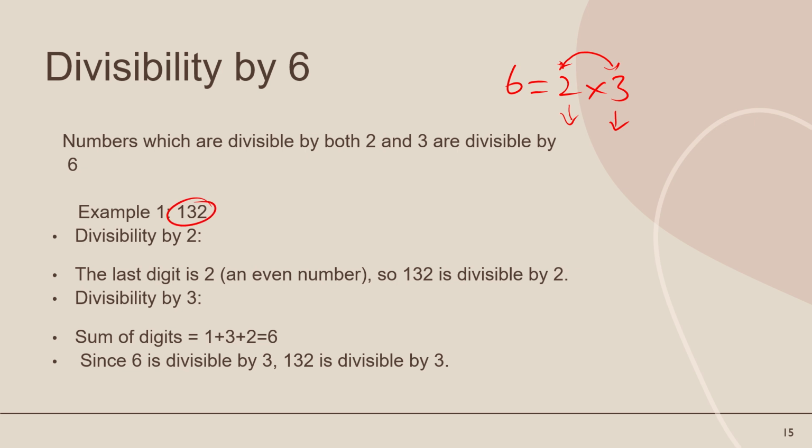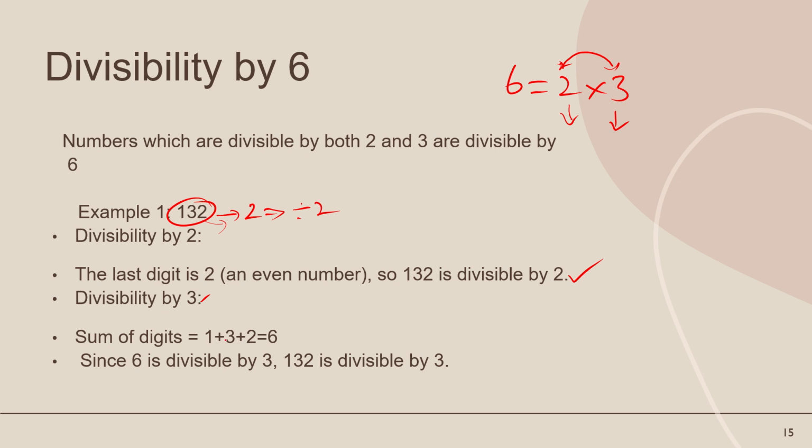Take the number 132. As the last digit is 2, it is an even number. We use the divisibility rule of 2: if the last digit is even, it is completely divisible by 2. So for 2 it is correct. Now for 3, how can we find the divisibility?